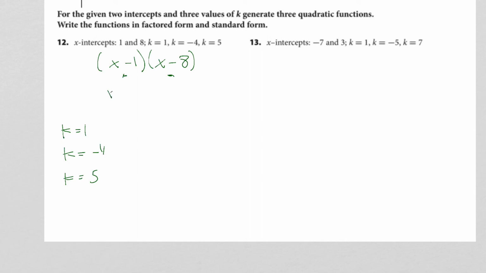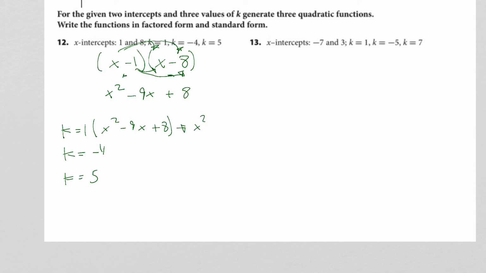You're going to get x squared minus 9x plus 8. And if you did all the foiling or all the grid method, you're going to get that as well. So in this case, when k is 1, it's basically 1 times x squared minus 9x plus 8.